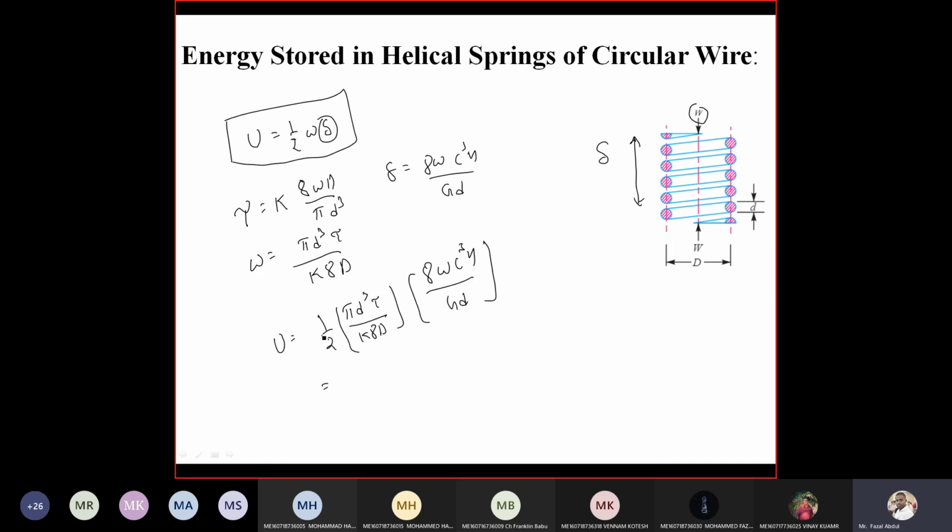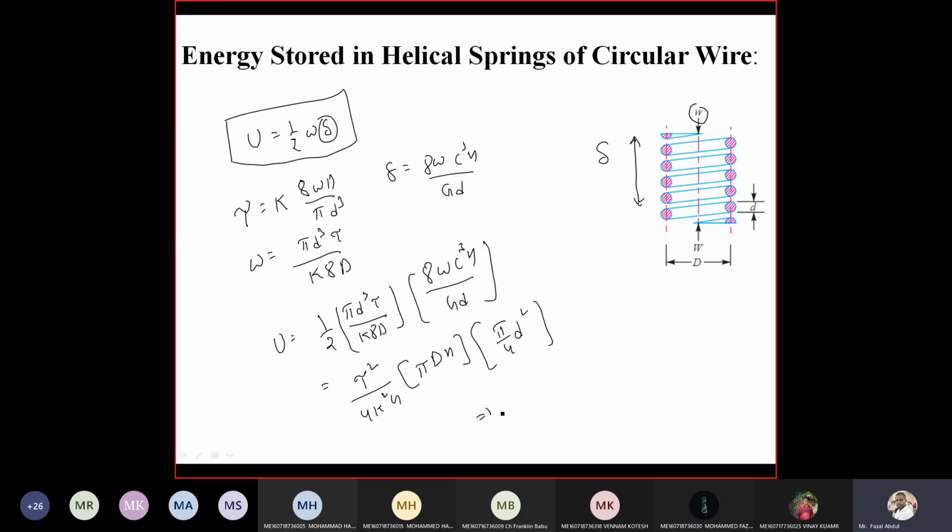If we simplify this, we will get shear stress square by 4K square into G into pi D into N into pi by 4 into D square.